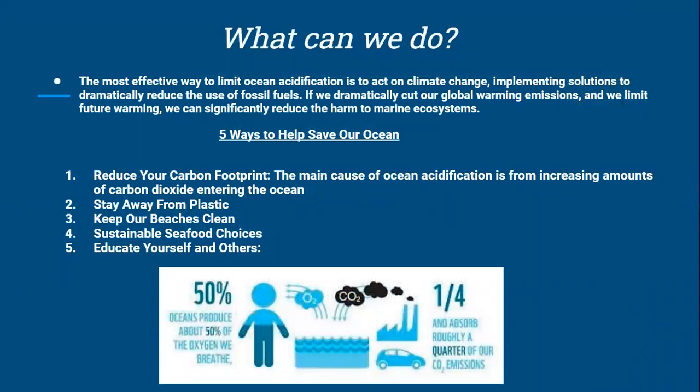Okay. So what can we do? The ocean has absorbed about 29% of global CO2 emissions since the end of the pre-industrial era. In the last decade, from 2008 to 2017, we've dumped into the atmosphere about 40 gigatons of emissions of heat-trapping gases each year from the burning of fossil fuels and land use change.